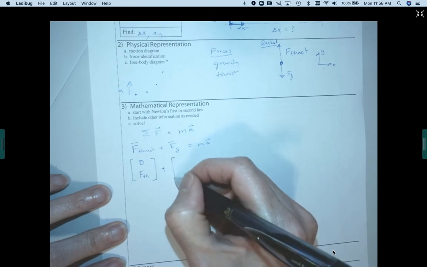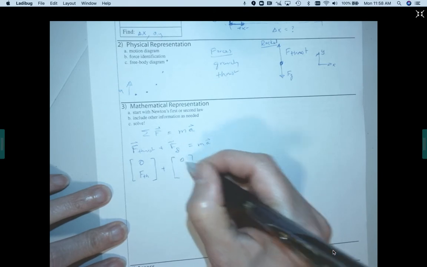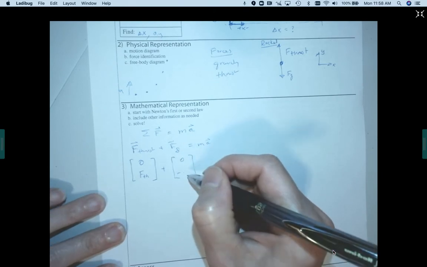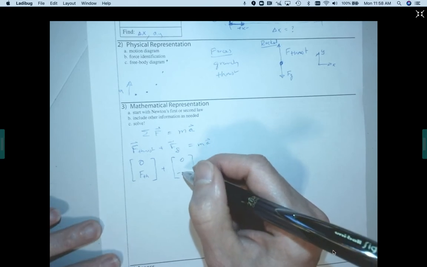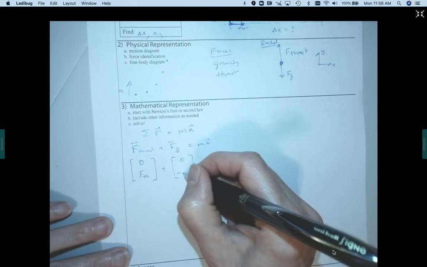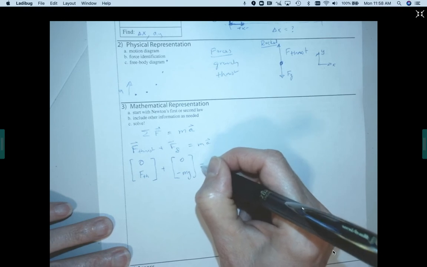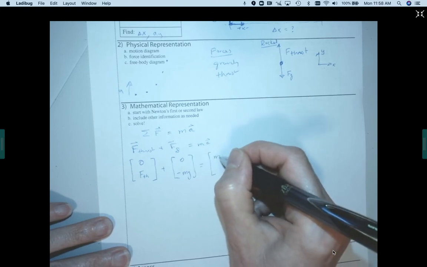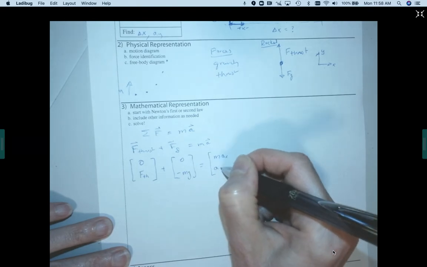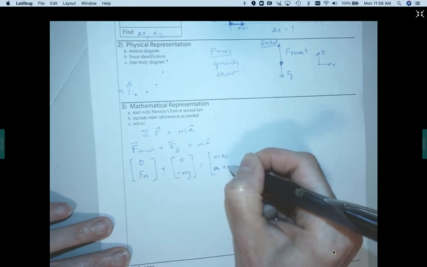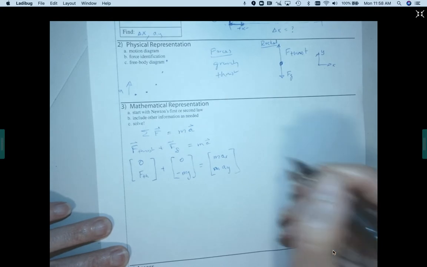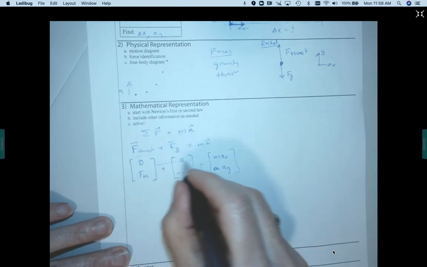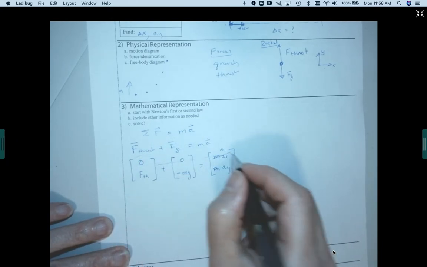And then force of gravity again has 0 in the x, and it's negative force of gravity, which we could say is mg. And then we get our acceleration. Mass is a scalar, so it just multiplies both components of the acceleration. This top equation, it's not accelerating in the x direction, it's all 0.